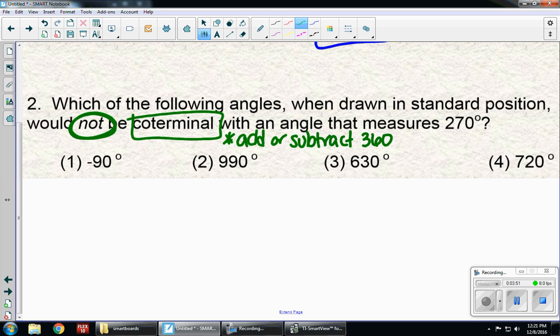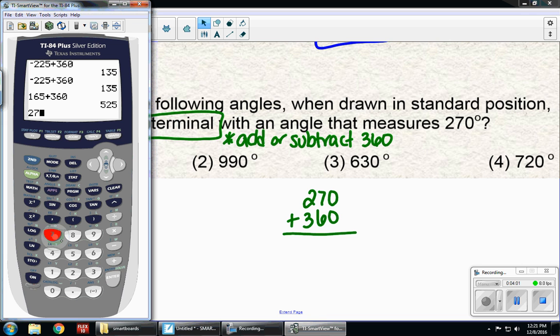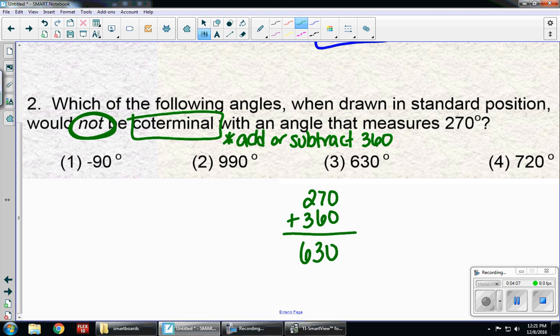So I'm going to start with 270 and add 360. Once again, take out my calculator, 270 plus 360, and I get 630 degrees. That is coterminal, and I'm looking for not, so I'm crossing off choice 3.